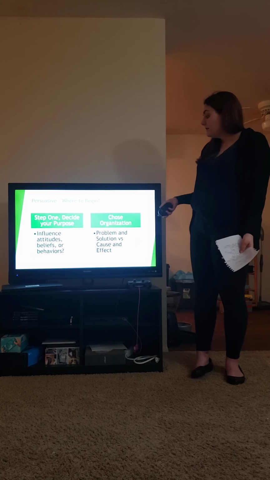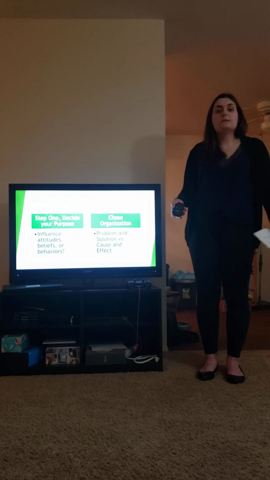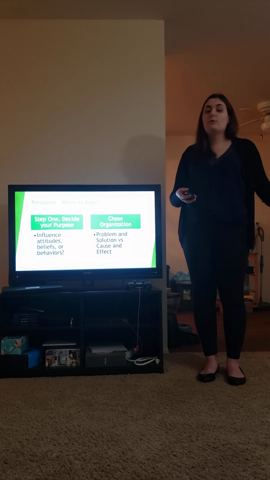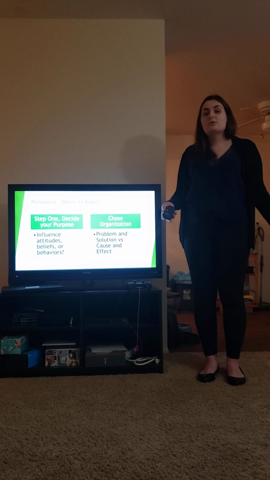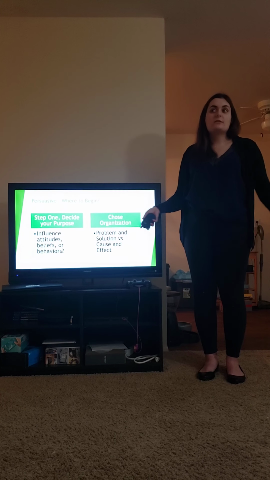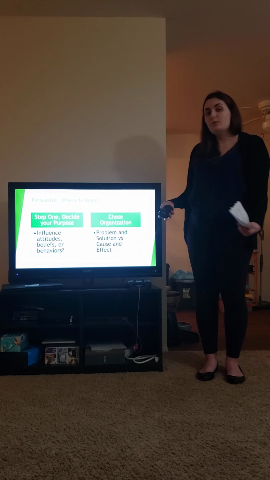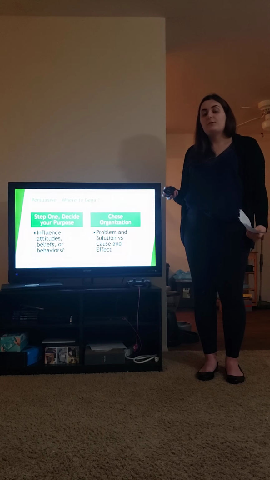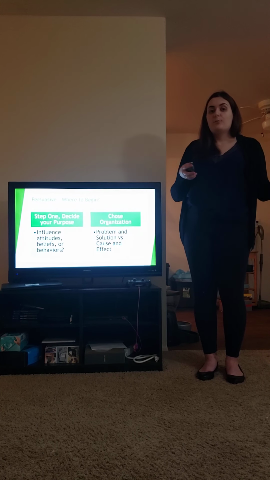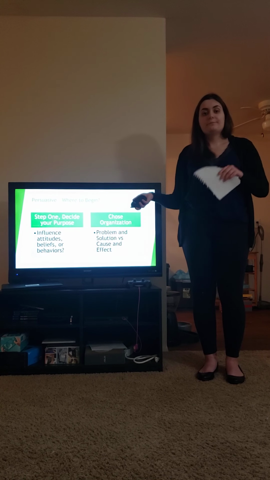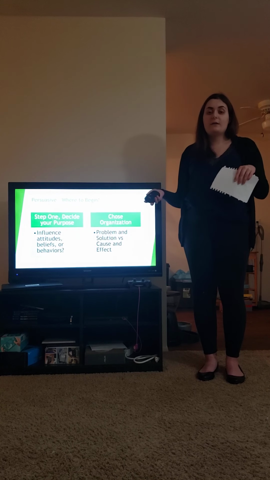Next, you want to choose your organizational pattern again. Just like informative, you need to have a structure for where you're going, so you don't just get up and talk without being prepared. So there's really only a couple for this, and they're pretty similar. So you have problem versus solution, and cause and effect.